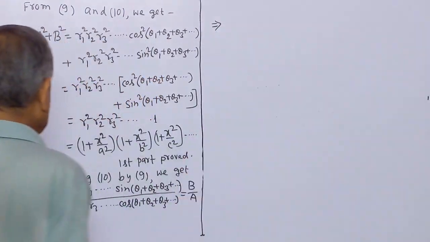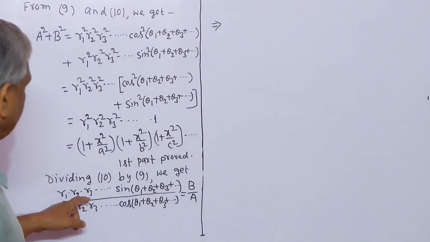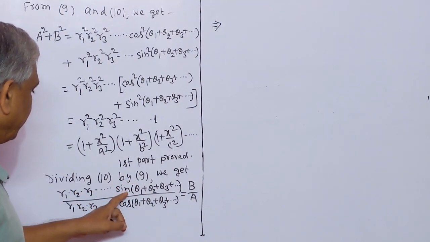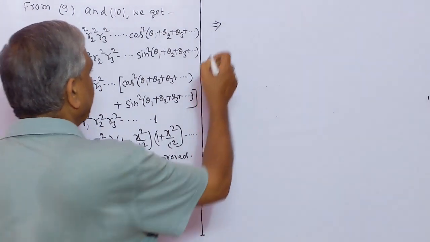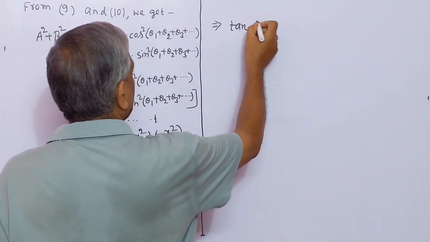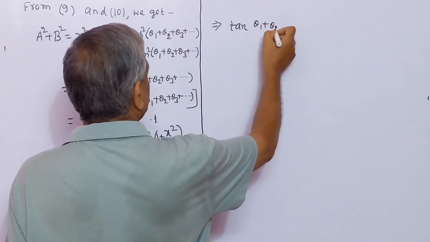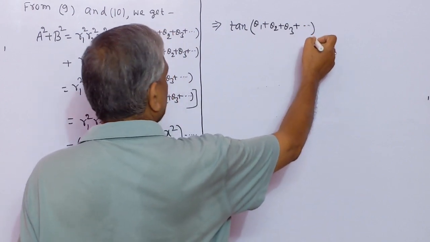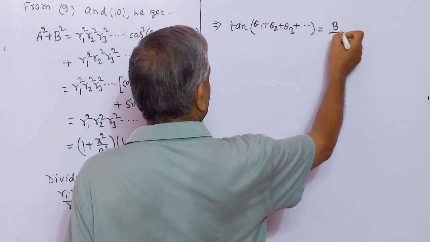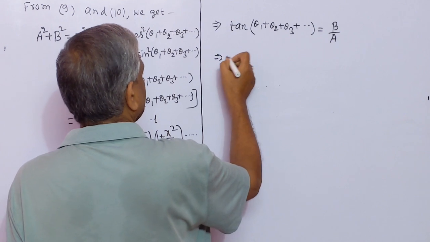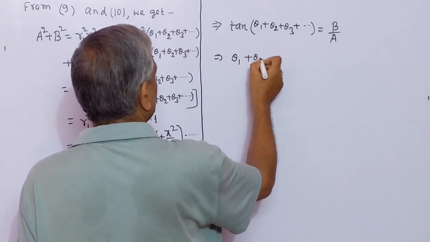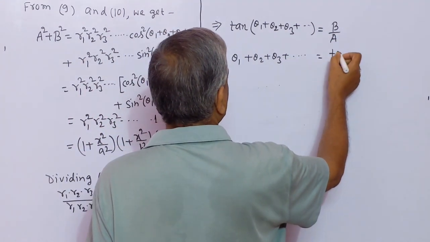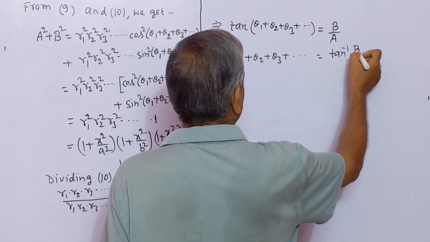This implies that here r1 multiply r2 multiply r3 ... multiply cancels. Only sin by cos remains, that means tan(theta 1 plus theta 2 plus theta 3 plus ...) equal to b by a. This implies that theta 1 plus theta 2 plus theta 3 plus ... equal to tan inverse b by a.